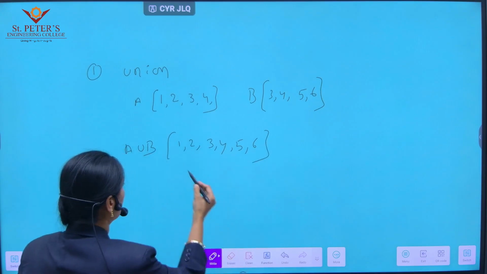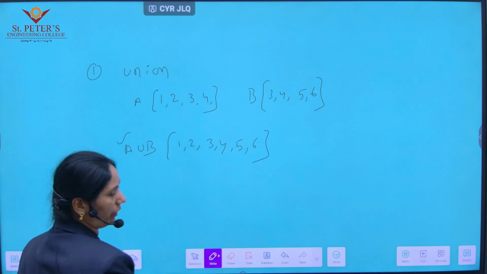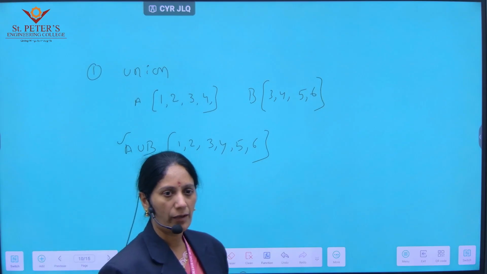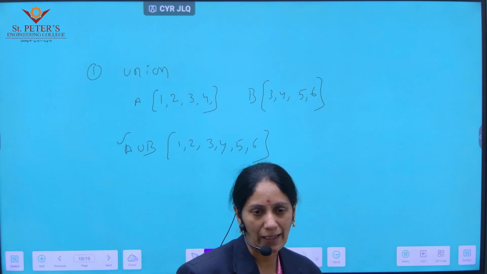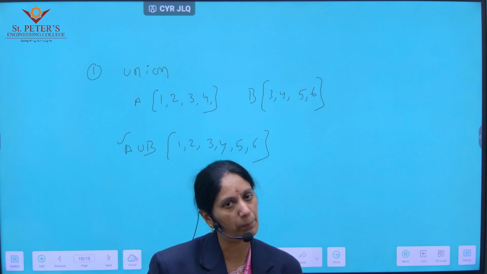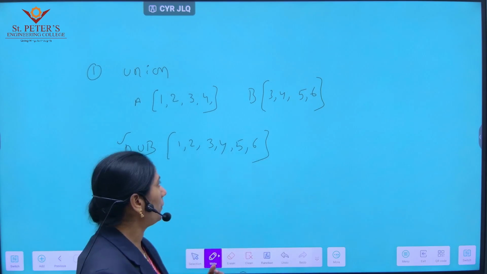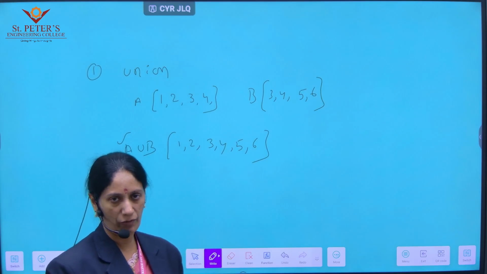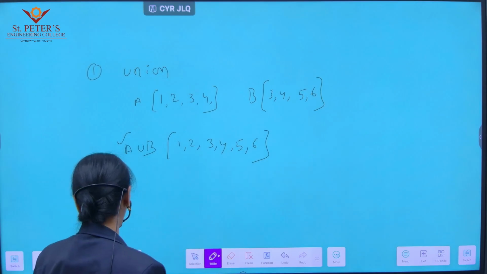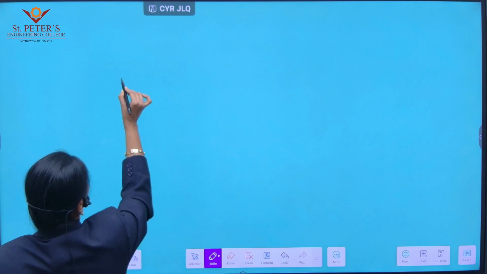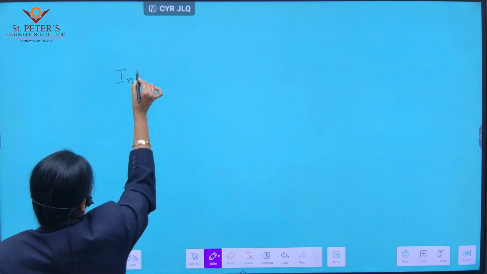That is the output of A union B. A union B is nothing but selecting all tuples from both relations while eliminating the duplicate values. That is called the union operation. Then go for the intersection operation.